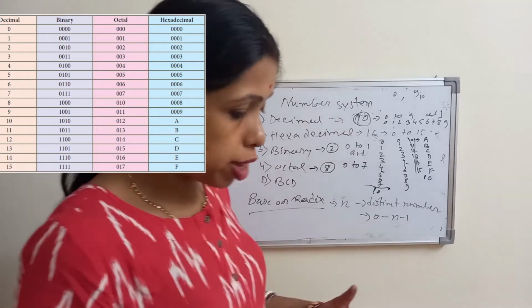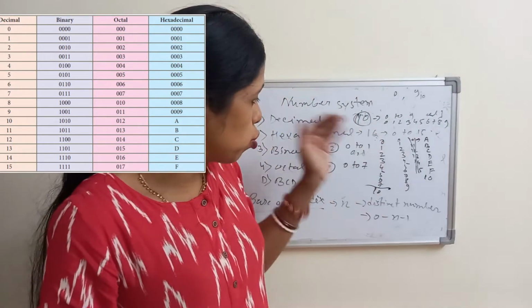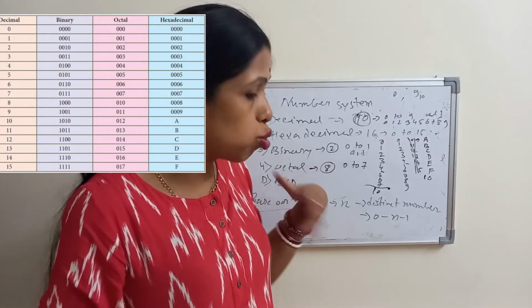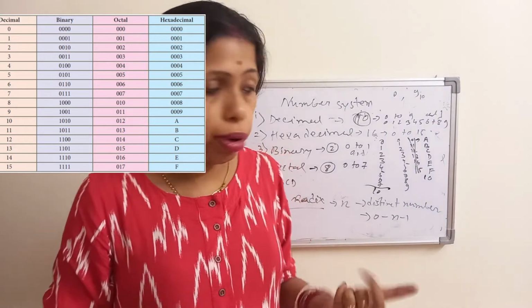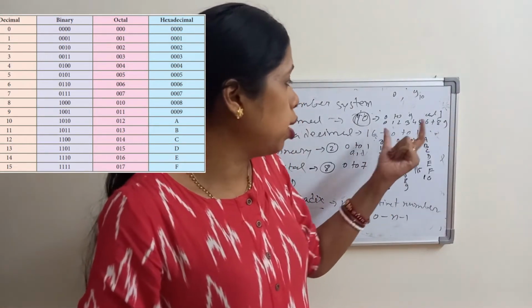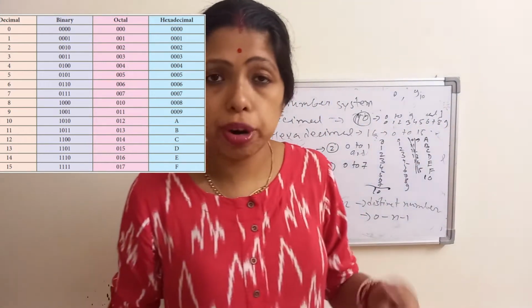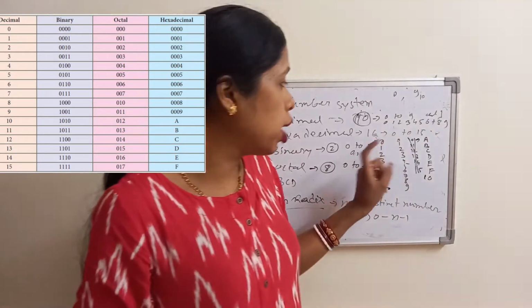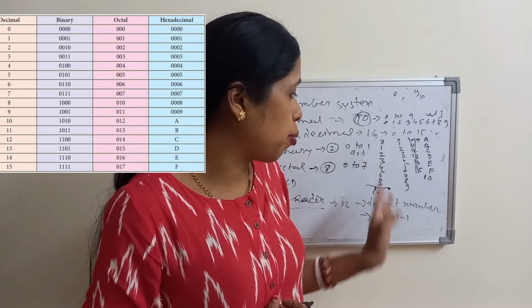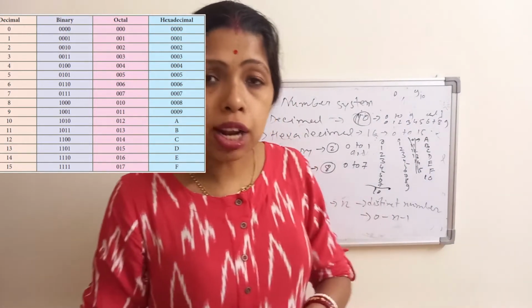So if you want to represent any 2-digit number in octal, you have to design it using these 8 distinct numbers, 0 to 7. In case of the decimal, by using these 10 distinct numbers, you can design 2-digit and 3-digit numbers. In case of the hexadecimal also, by using these 16 distinct numbers, you can design 2-digit and 3-digit numbers.